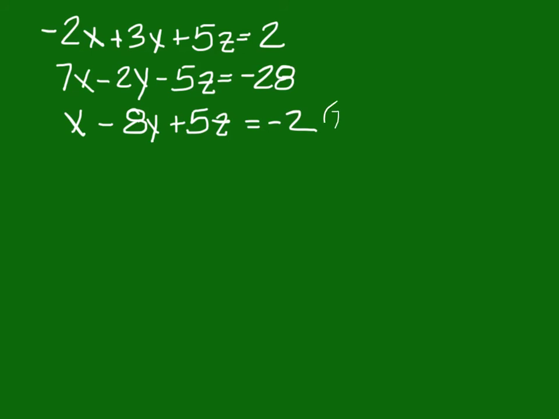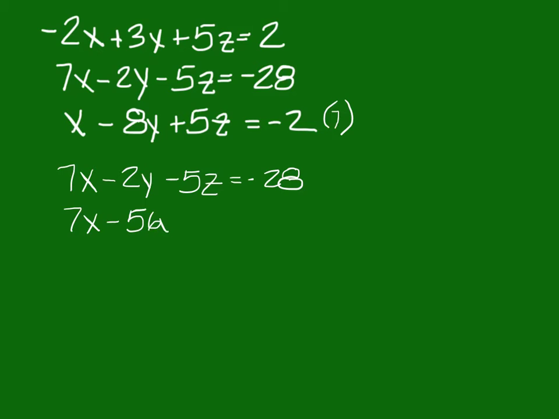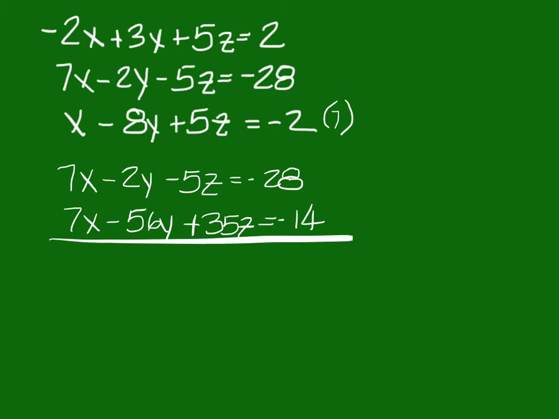We're going to multiply by 7 on the bottom, so you should have 7x minus 2y minus 5z equals negative 28. That stays the same from the second equation, and then 7x minus 56y plus 35z equals negative 14 on the second one. The signs are the same, so you have to subtract.